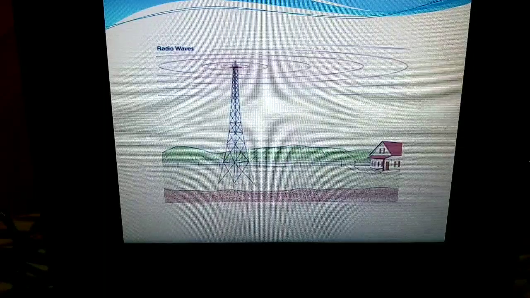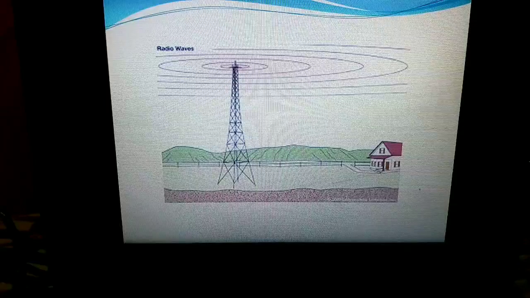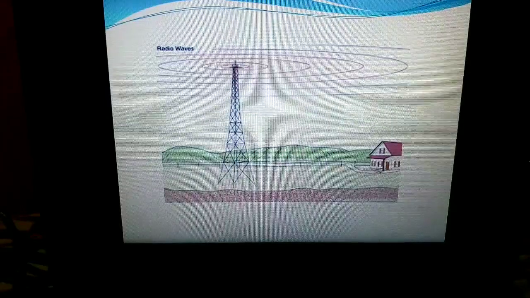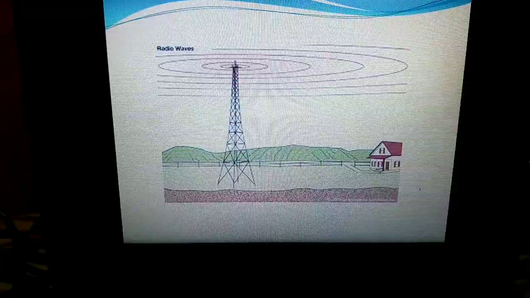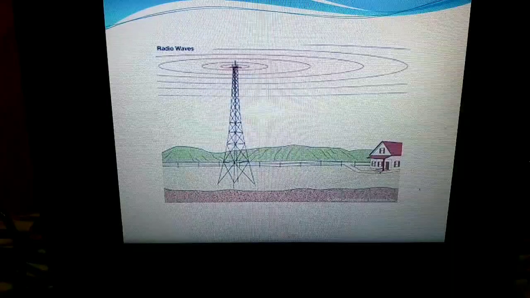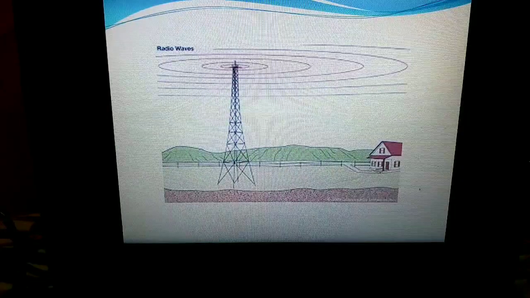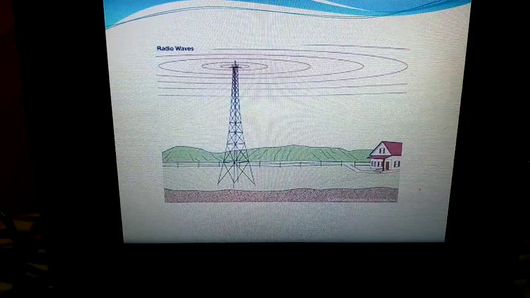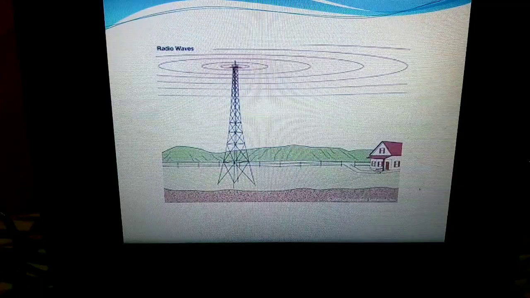Now let us see the disadvantages of radio waves. Its communication is insecure communication. Why is it insecure? Because if you design any electronic circuit which is capable of capturing frequencies higher than 3 kilohertz, and you attach a speaker to it, you can hear the radio signals.